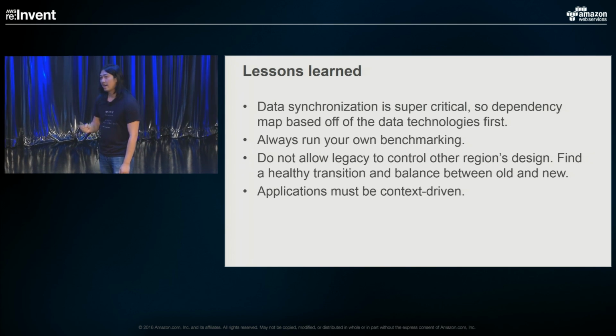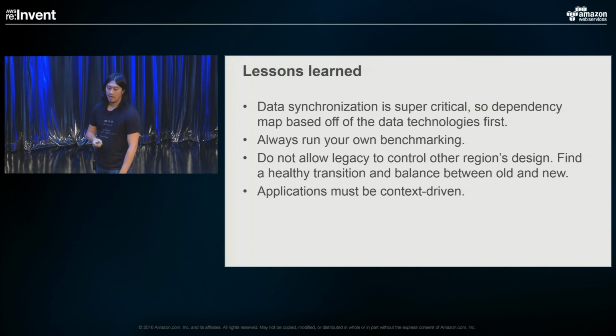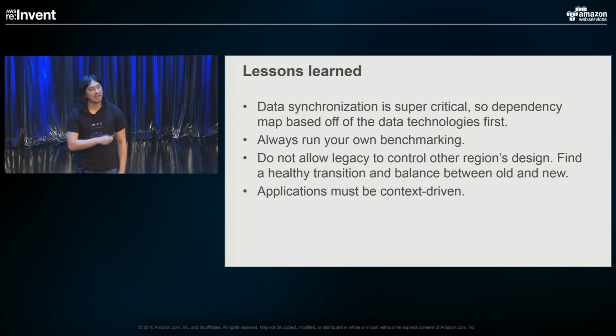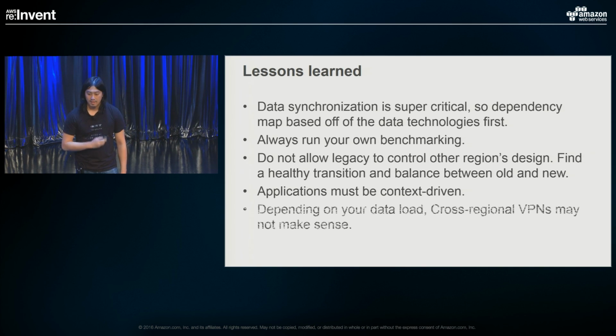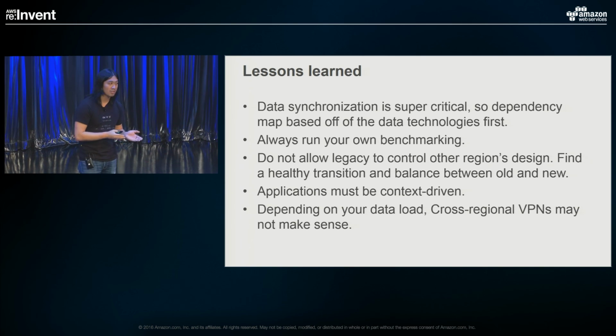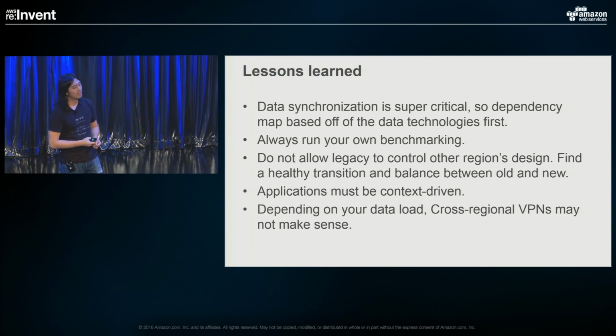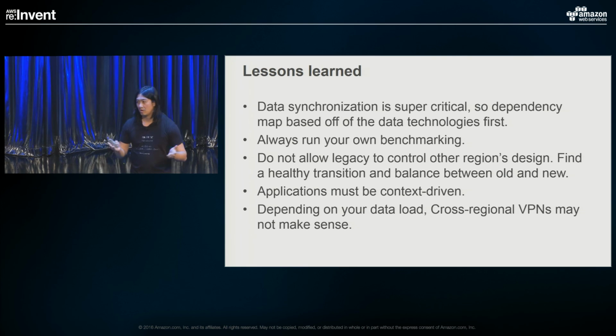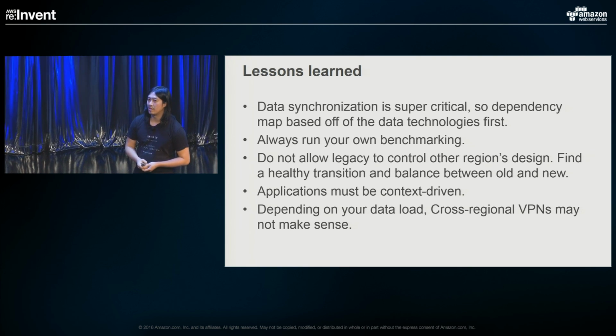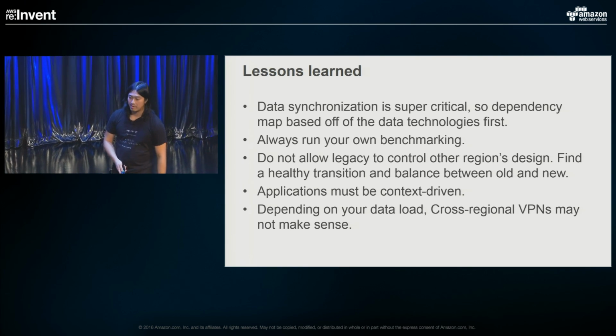Applications always have to be context-driven. Never let your application decide who they're talking to. Always have the infrastructure tell you that. And depending on your data load, cross-regional VPNs may work. In our case, it didn't. We saturated VPNs really quickly, so we decided to add some complexity to our system and move away from VPNs.